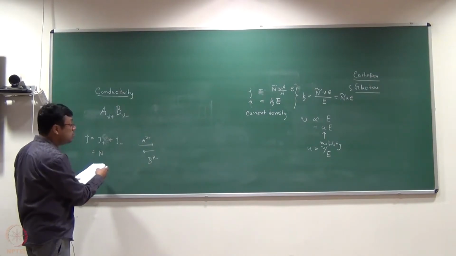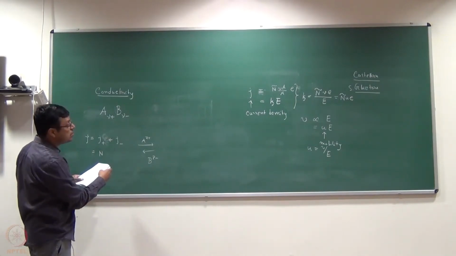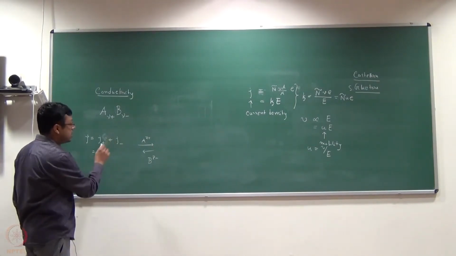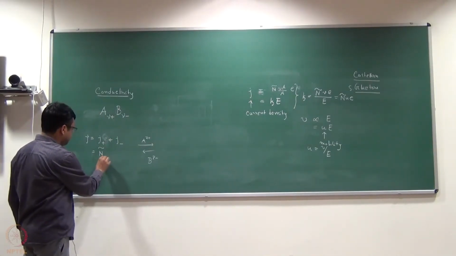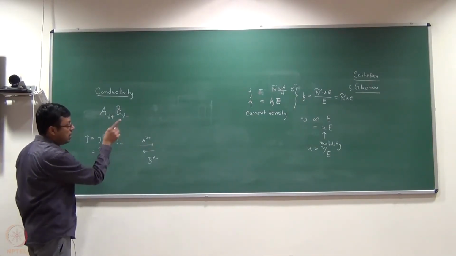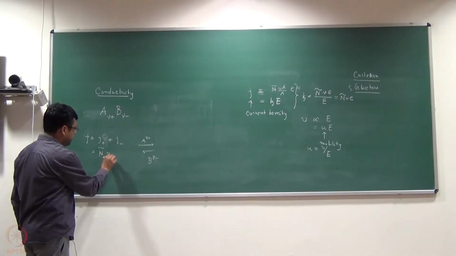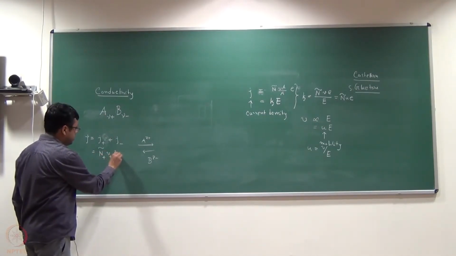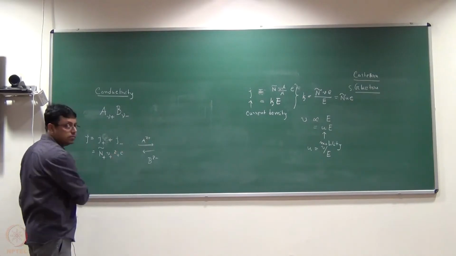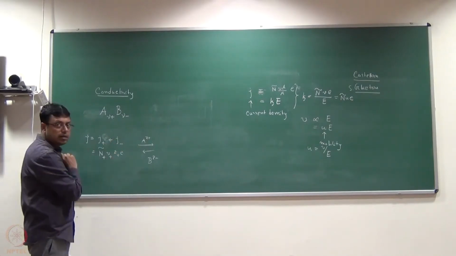I'm just writing the current density, I will write it as ñ+. And e and e will cancel. Then v+. So that is moving in this direction.